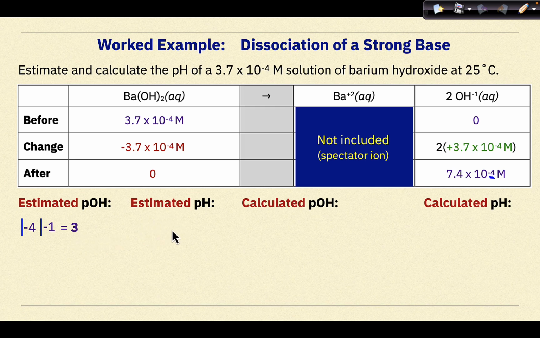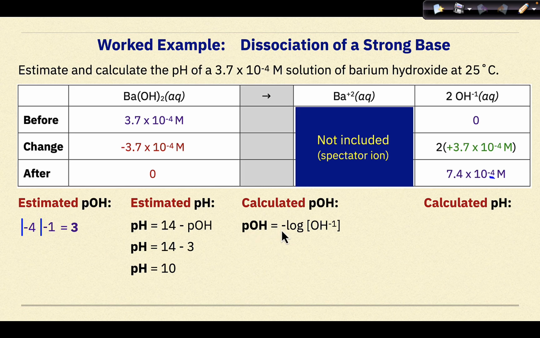To figure out the estimated pH, we'll take the formula pH is equal to 14 minus pOH, which we just calculated. We'll substitute in our values, and our estimated pH is equal to 10. To find the calculated pOH, we'll use the formula pOH is equal to the negative log of the hydroxide ion concentration.